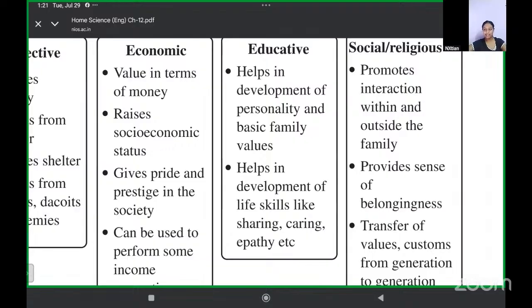Personality development also, we learn how to communicate with others first in our home, with our parents. Personality development starts in the family, in the home. It also helps in development of life skills like sharing, caring, empathy and so on. We learn them in the home.